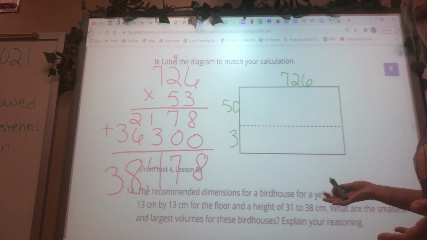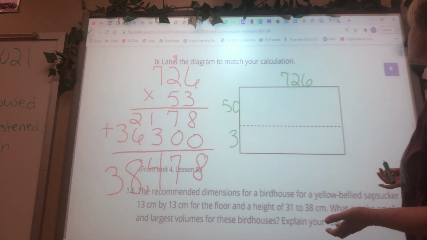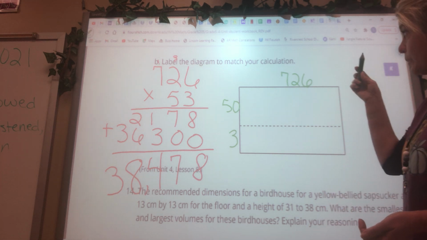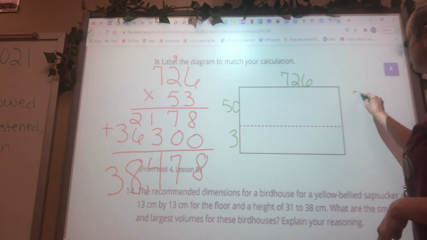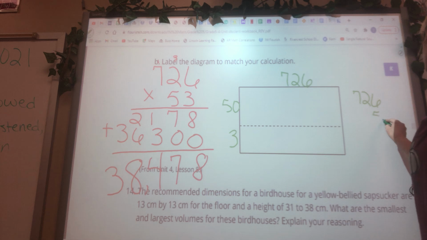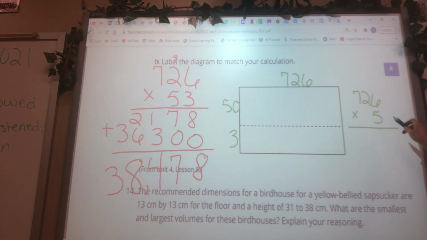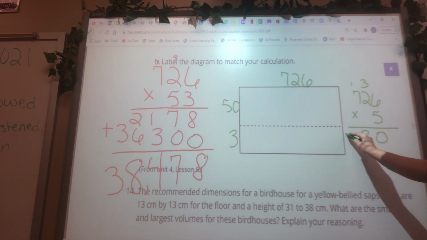Now I'm getting partial products in my decomposing box. I can do 726 times 5, because those are the whole number parts that I see. 5 times 6 is 30, carry the 3. 5 times 2 is 10, plus 3 is 13, carry the 1. 5 times 7 is 35, plus 1 is 36.